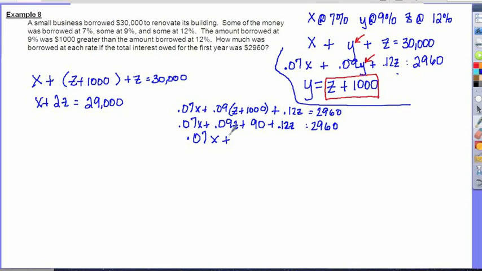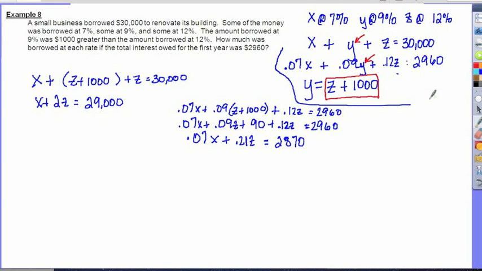0.12z, there we go. All right, so 0.09z plus 0.12z is 0.21z. And we need to subtract 90 from 2,960, and that's 2,870.